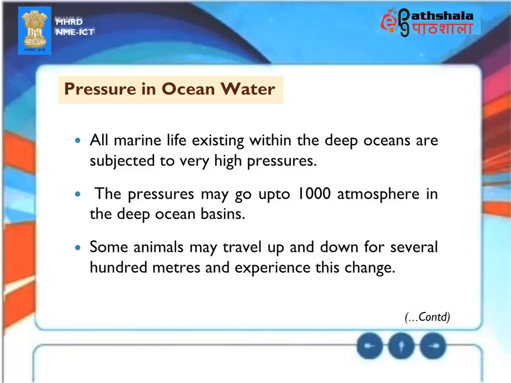All marine life existing within the deep oceans are subjected to very high pressures. The pressures may go up to 1000 atmosphere in the deep ocean basins. Some animals may travel up and down for several hundred meters and experience this change.